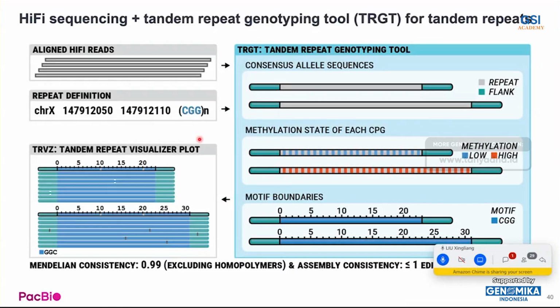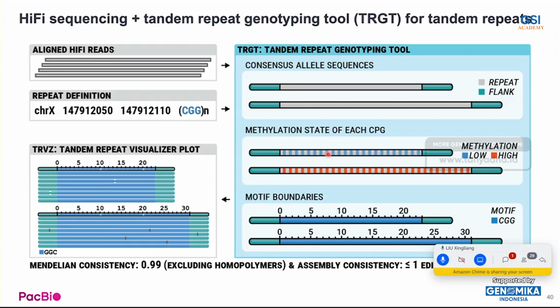To do that, we developed a tool for targeted tandem repeat profiling, which we call the tandem repeat genotyping tool, or TRGT. Starting from aligned HiFi reads, we construct consensus alleles, which are further annotated using a well-maintained database harboring known tandem repeat patterns, motifs, and their expansions.